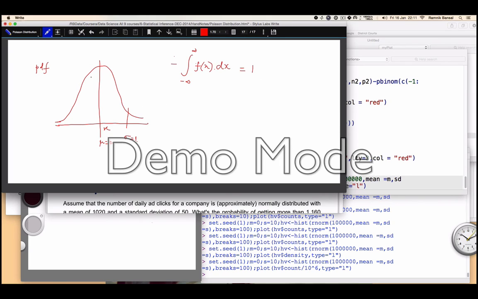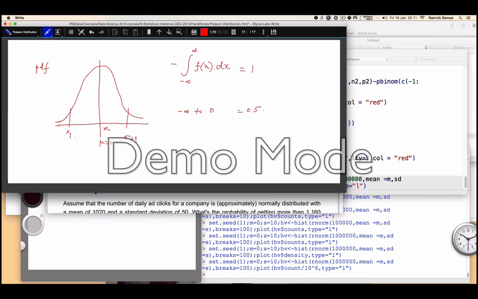Now because the normal distribution is symmetric around the mean, therefore from minus infinity to 0 will be how much? So that is 0.5, right? Now if I take some point here, let me call it x1.